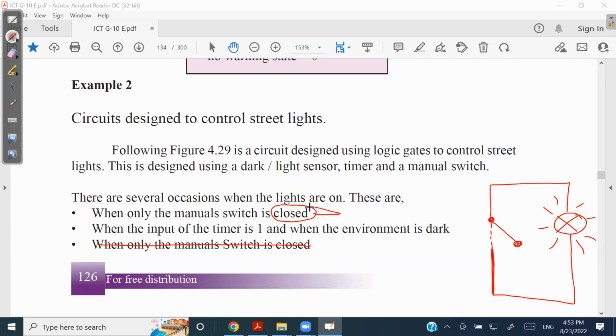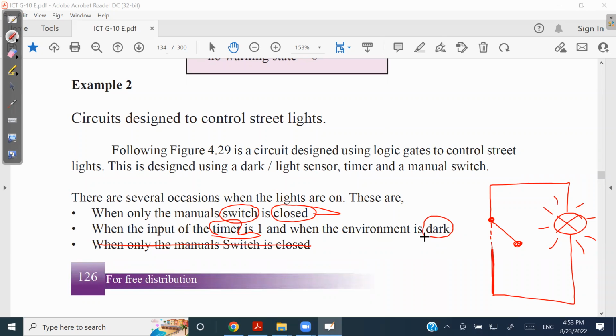And again, when the input of the timer is 1 and when the environment is dark, right? So it is talking about, again, 3 different inputs, people. One is the switch, the other one is the timer, the other one is that the environment is dark.